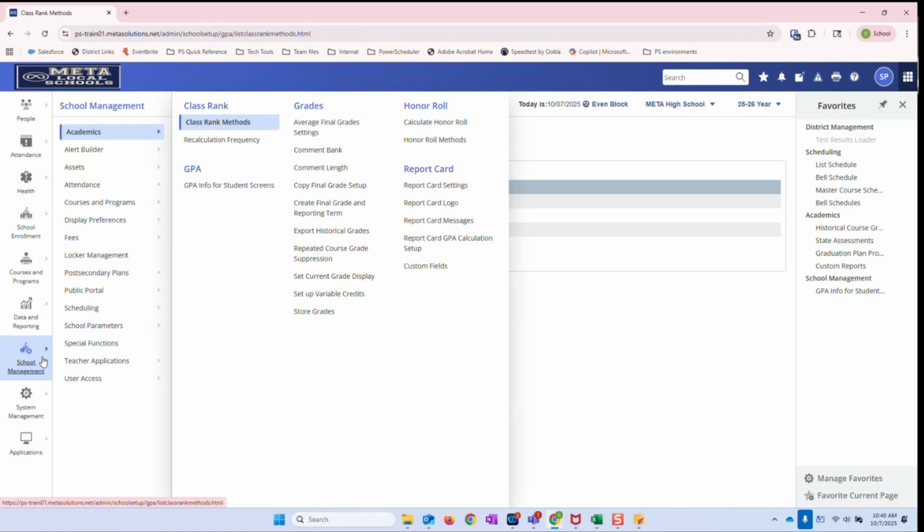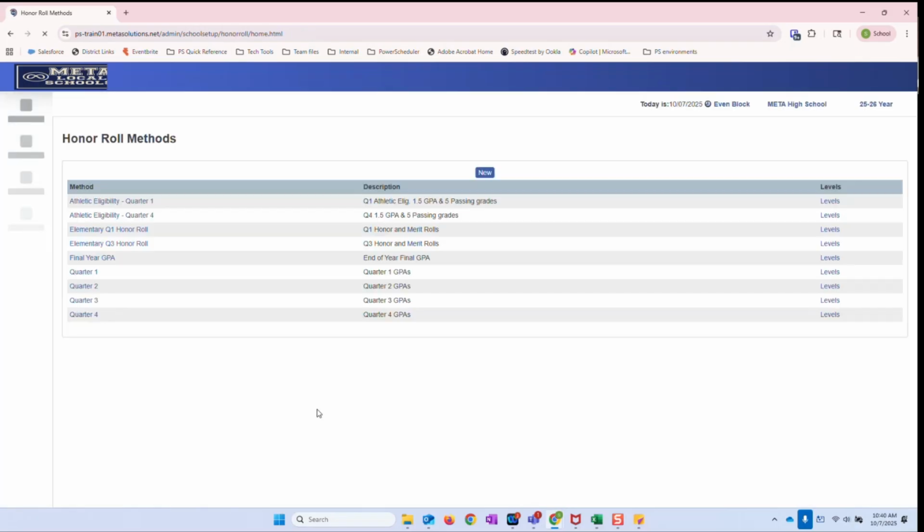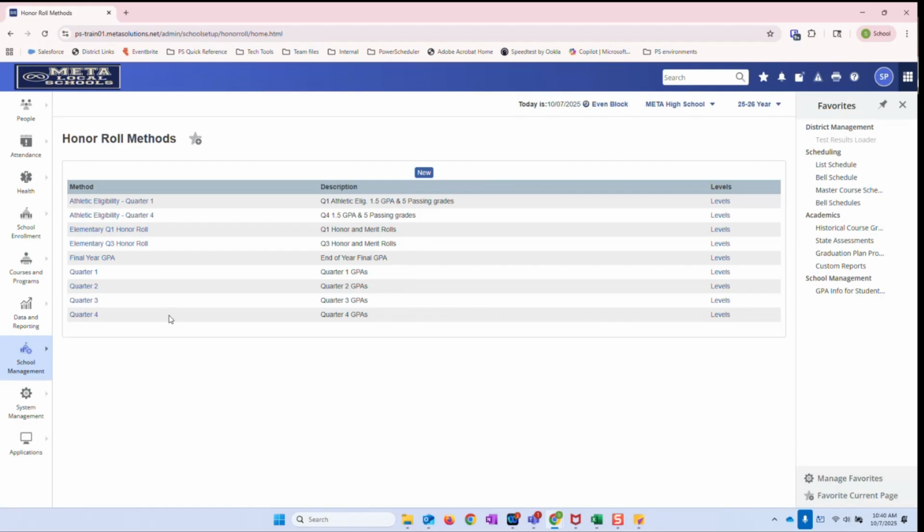Another kind of similar idea here in the way that GPA calculations impact grade data is honor roll methods. Similar idea here that every honor roll method has to be tied to a GPA calculation. And within each honor roll method, there are levels.